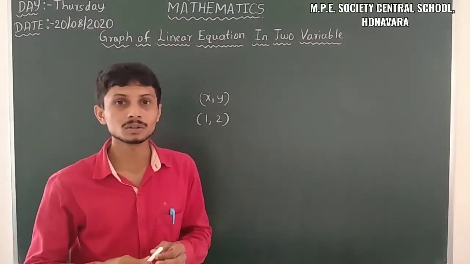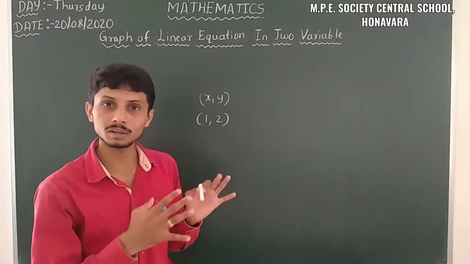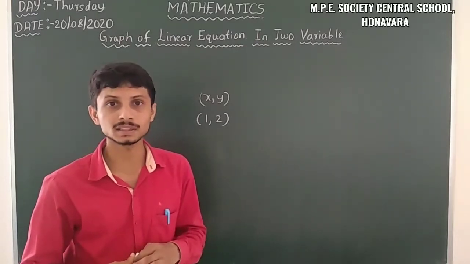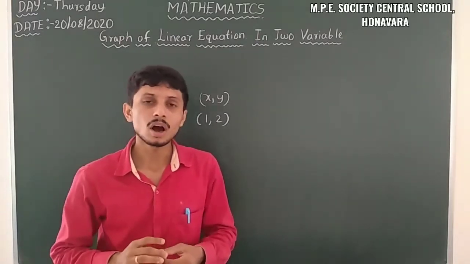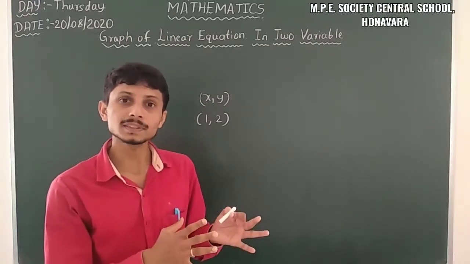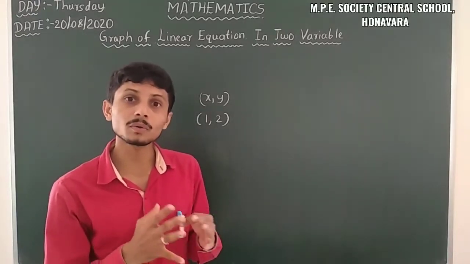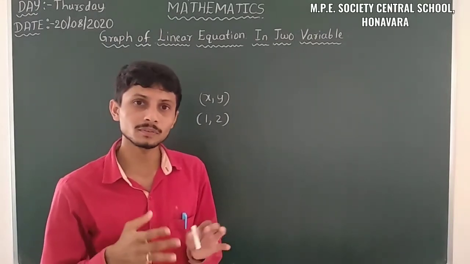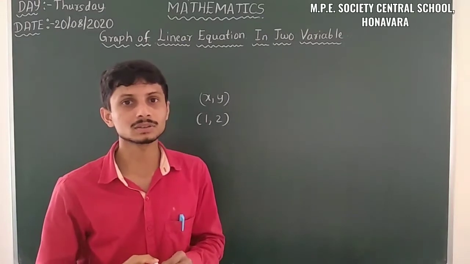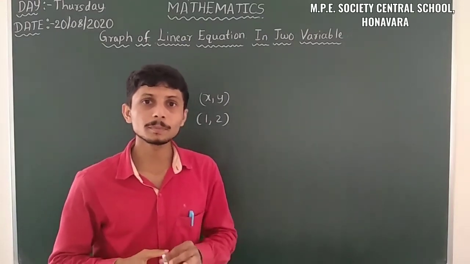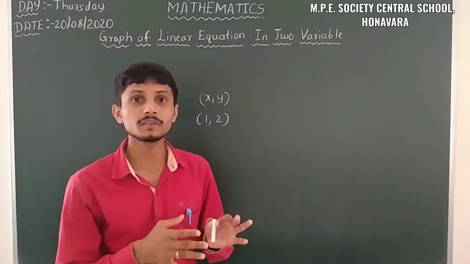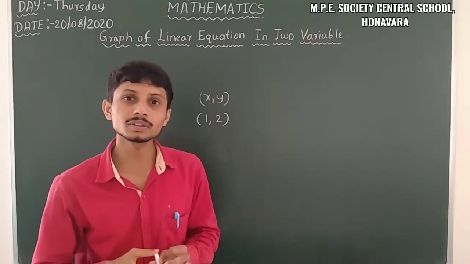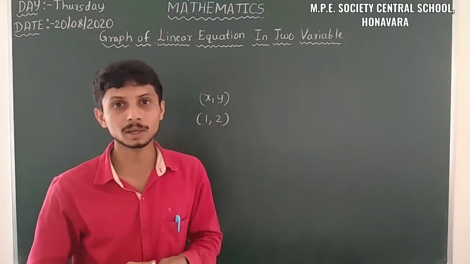So we can convert all those solutions into graphical representation. Here we have to be aware of the nature of the graph when we take a linear equation in two variables. Remember, the standard equation of a straight line is y is equal to mx plus c.